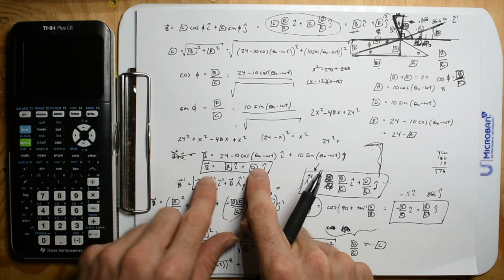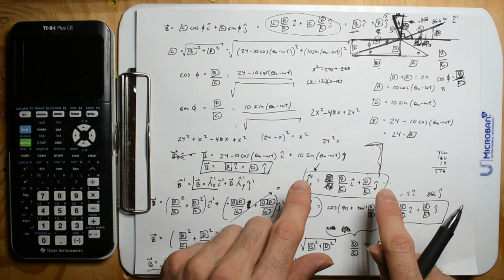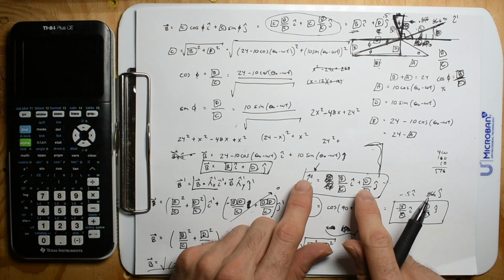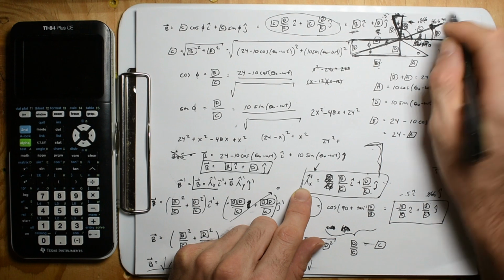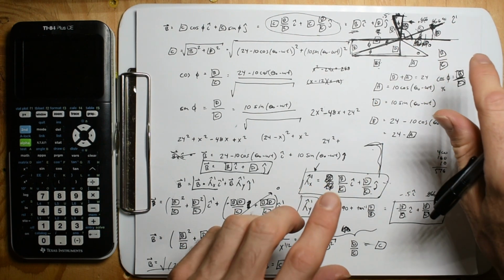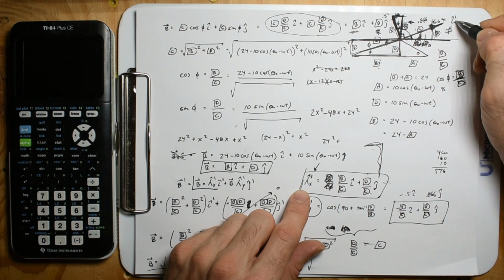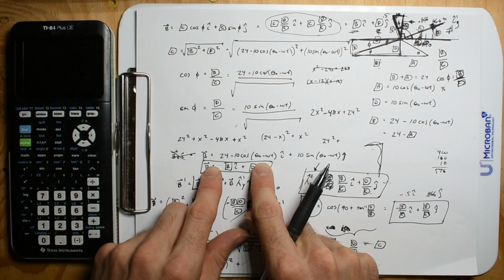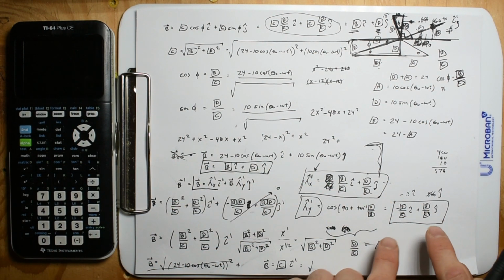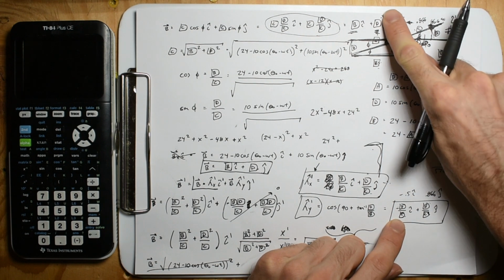You have to take the whole vector, dot it with the unit vector in that direction, and then you get the component, the number in this direction. Then you got to do the whole thing over again. You got to take this vector and dot it with the unit vector in that direction.